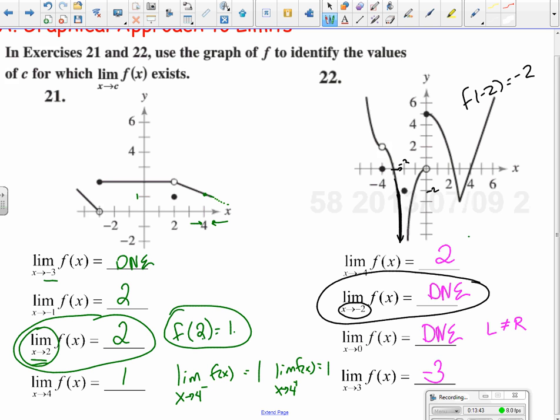I really feel like this is one of those that just continues downward. And as I approach -2 from the right side, I go over on the right side of -2, and it too is heading to negative infinity. There isn't agreement. I would say this does not exist. There is not a value number that it stops at.